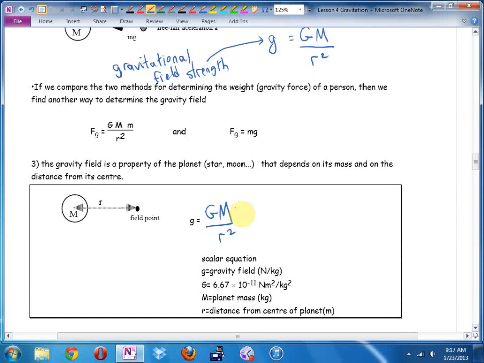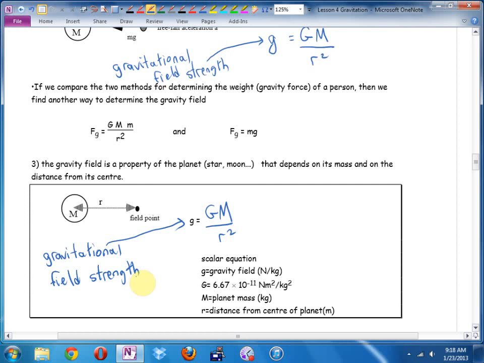So this is gravitational field strength. What that lets you do, suppose you want to put a satellite out there somewhere.